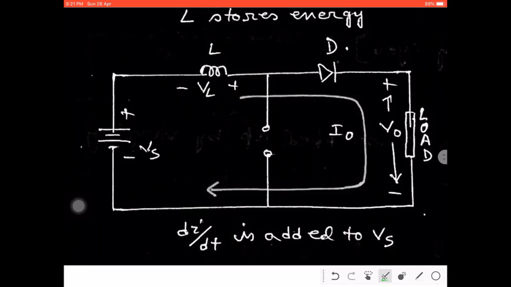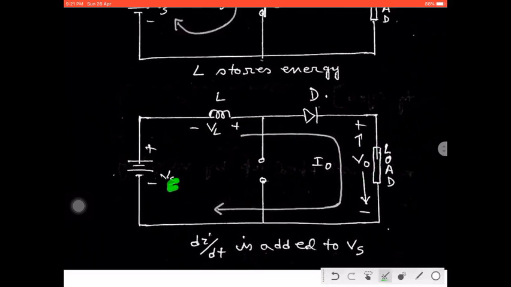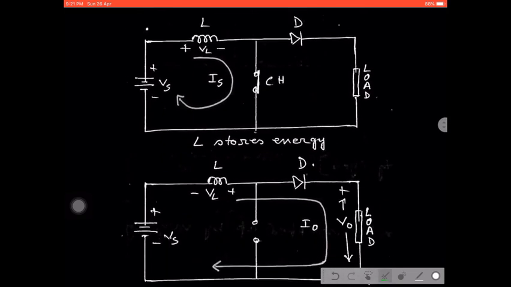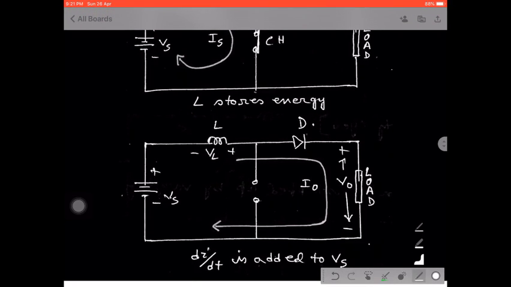Okay, so what does that mean? The result of VO can be defined by the voltage coming from the input, Vs, plus L di/dt.